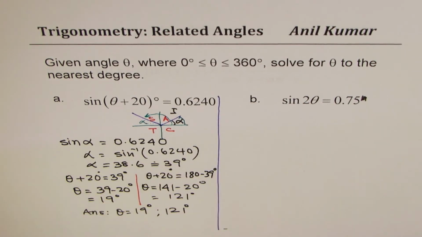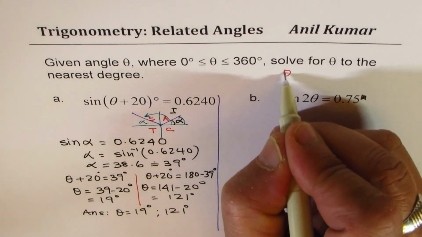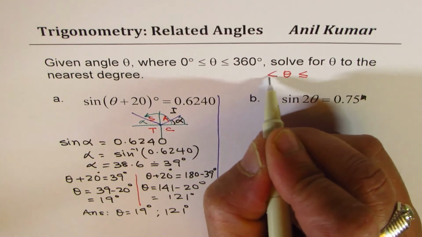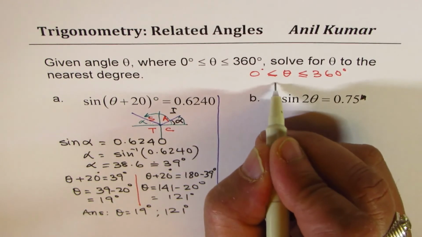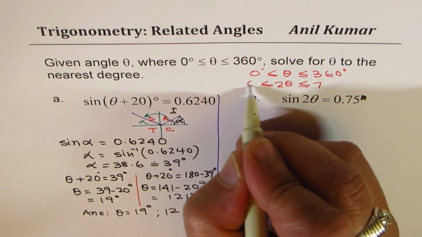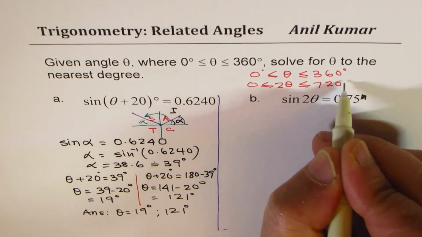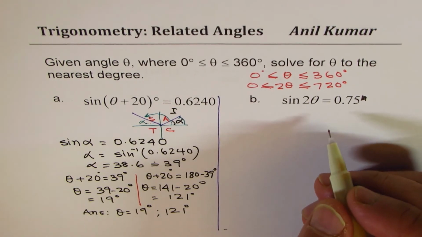Now here we have to understand one more thing, which is we are given that theta is between 0 and 360 degrees, correct? So what should 2 theta be? It should be between 0 and 720 degrees. That is a huge difference. But the strategy is kind of similar.